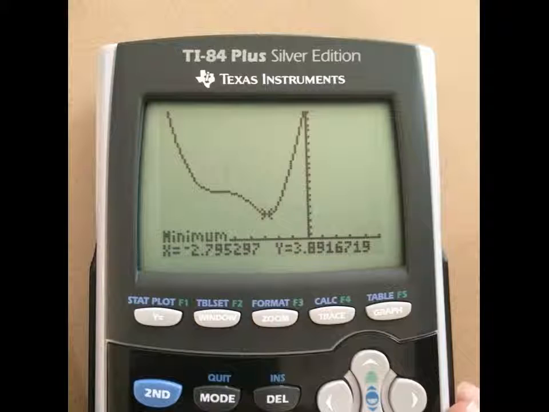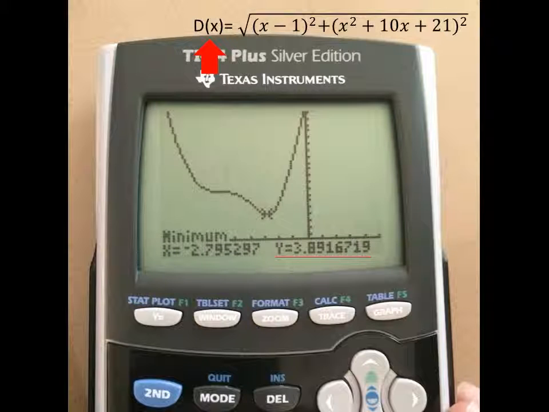Select the left and right bound of the lowest dip in the graph and press enter to find the minimum. 3.89 is the shortest distance from the point (1, 1) to a point on f of x.